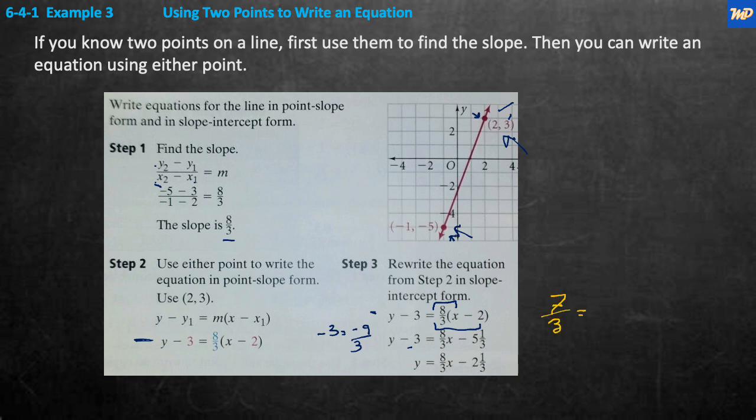And what they're doing is rewriting it as 2 1/3, which is 7 thirds. And we can't forget that it was negative 16 plus 9 thirds, which gives us still a negative 7 thirds, negative 2 1/3. So our answer in slope-intercept form is y equals 8 thirds x minus 2 1/3.